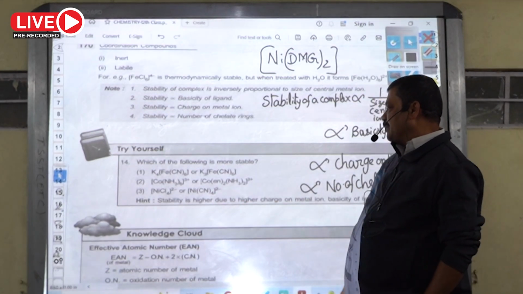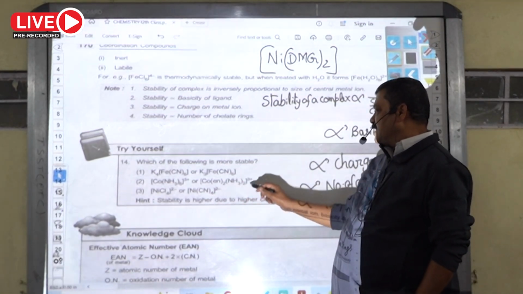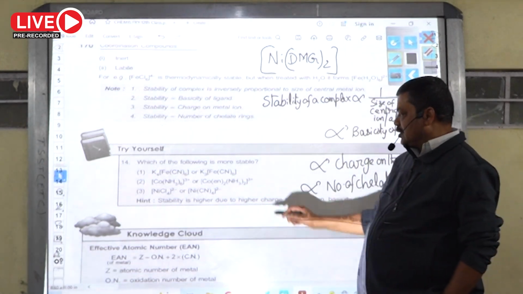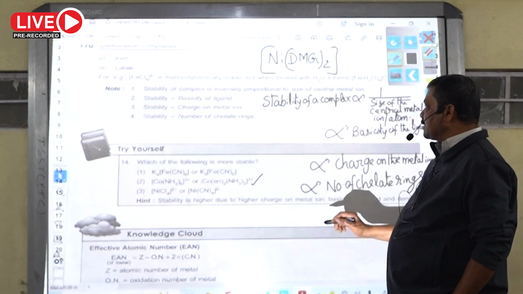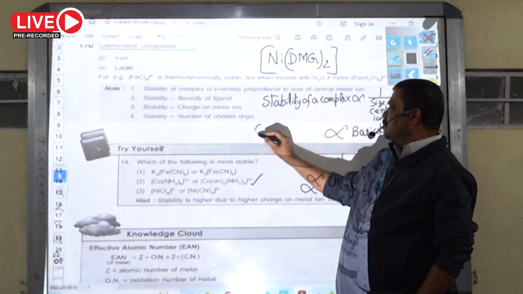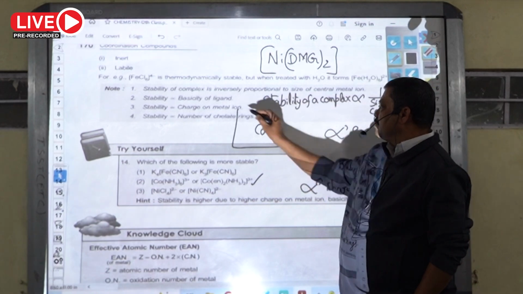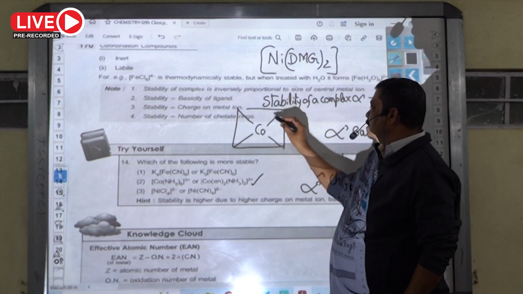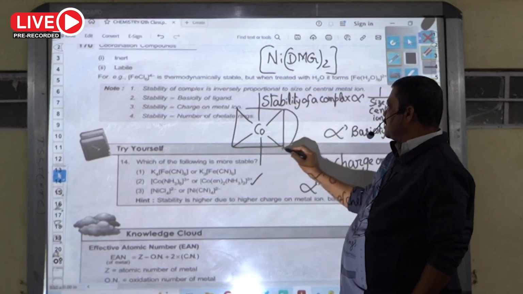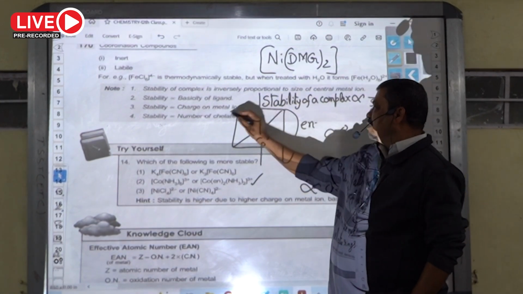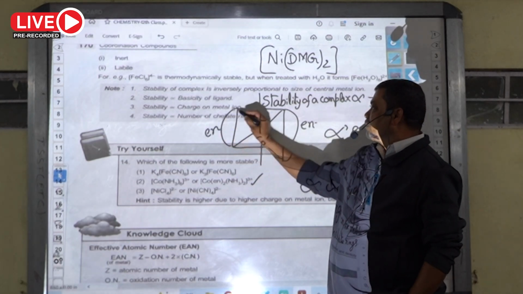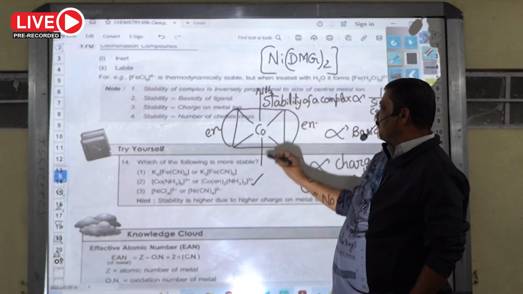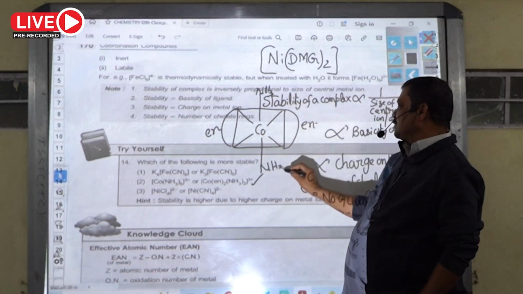Next one. [Co(NH3)6]3+ or [Co(en)2(NH3)2]3+? [Co(en)2(NH3)2]3+, because here two en rings form. This is en, this is en. This is NH3, this is NH3.